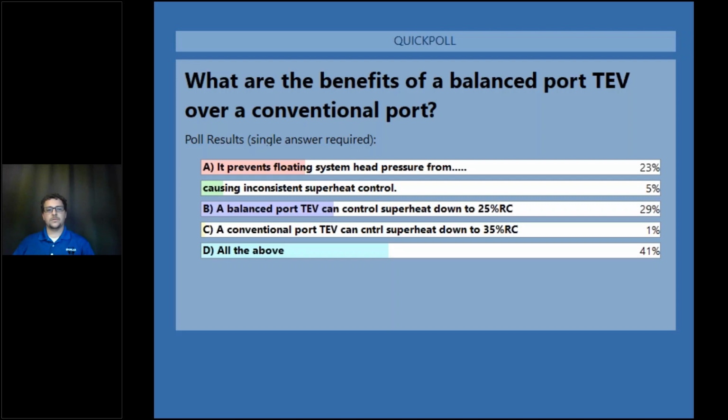Or option C, a conventional port TEV can control superheat down to 35% of rated capacity. Or option D, all the above. 23% chose option A, 29% chose option B, 1% chose option C, and 41% chose option D, which was the correct answer, all of the above. And now back to you, Adam.